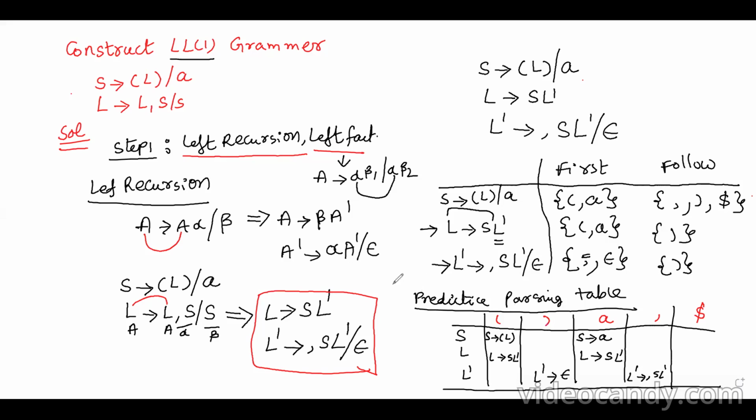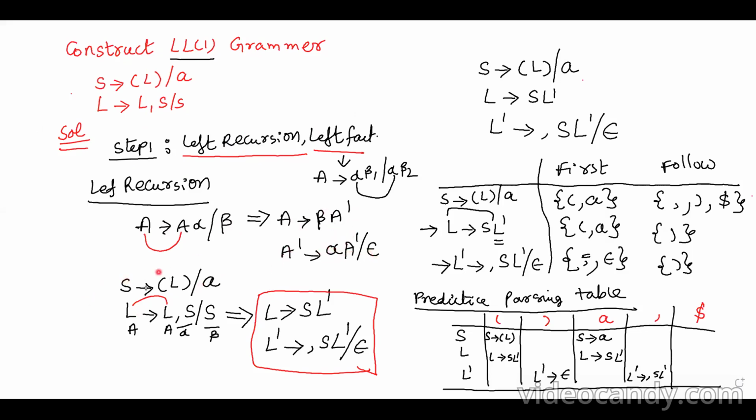When you conclude this problem, what is the solution? Remember, for construction of LL1 grammar, you need to check if there is any left recursion or left factoring. Left recursion means A tends to A alpha by beta. The solution is A tends to beta A dash, A dash tends to alpha A dash by epsilon.